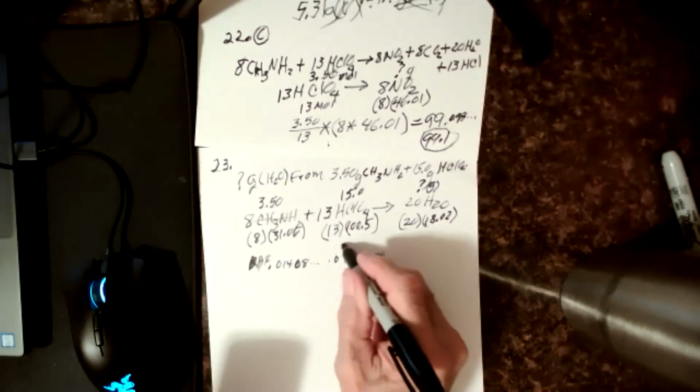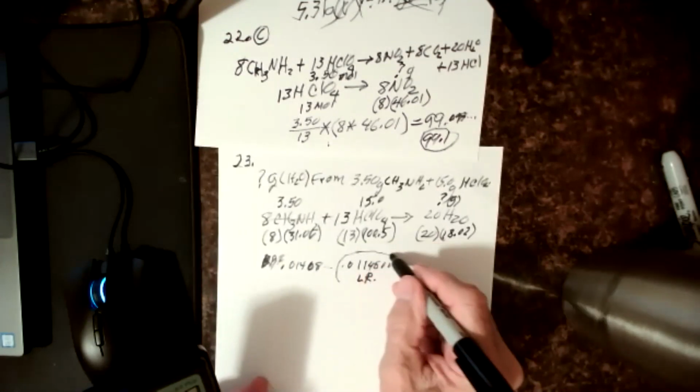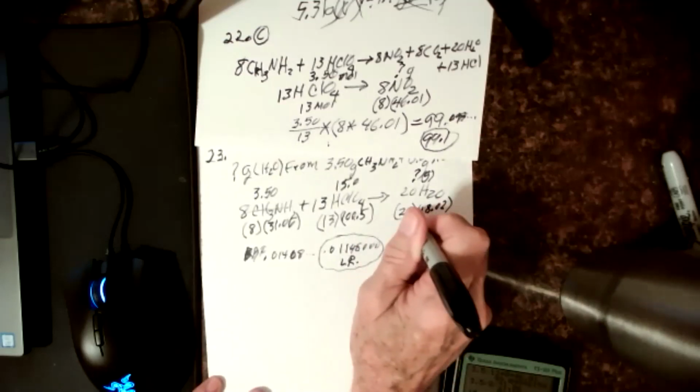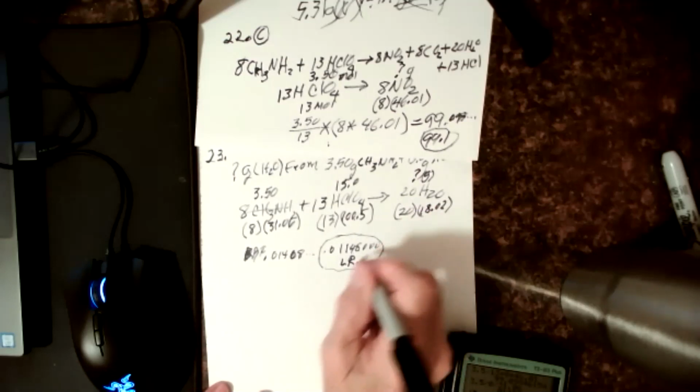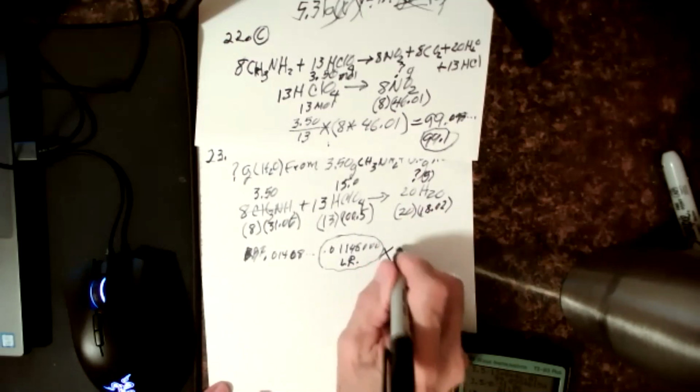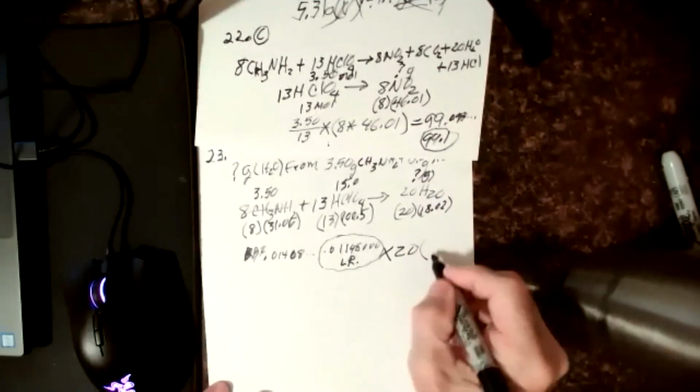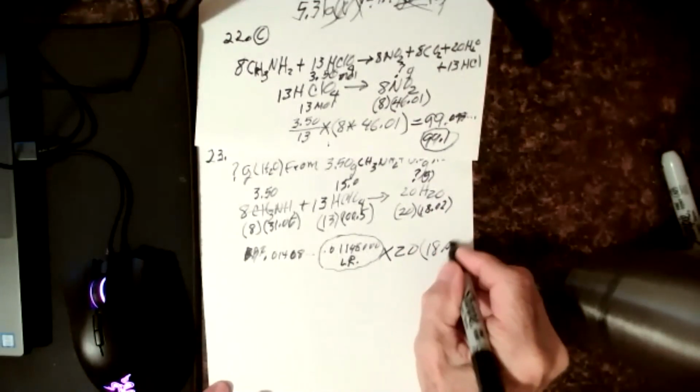Oh, that's good for me, because once I know that limiting reagent, I'm just going to take that number times 20 times 18.02, I'm sorry, is going to be my answer.